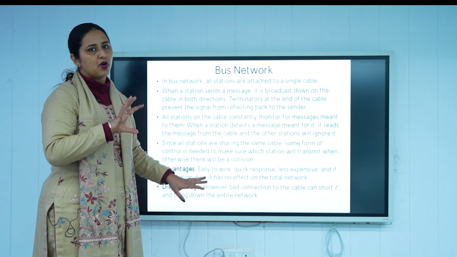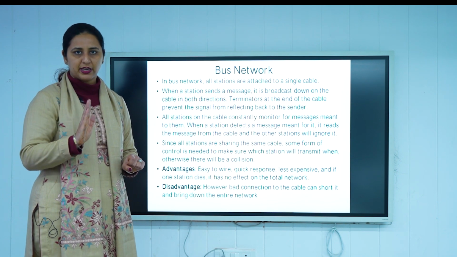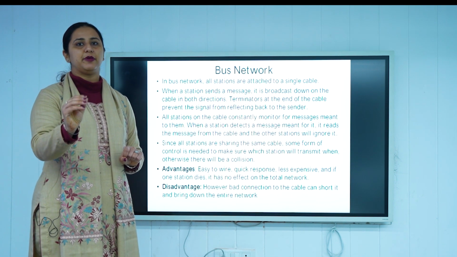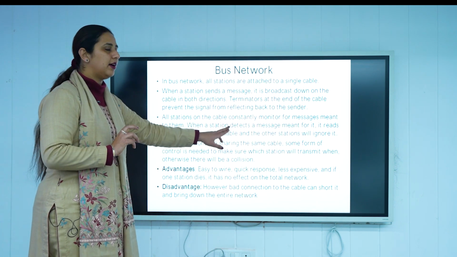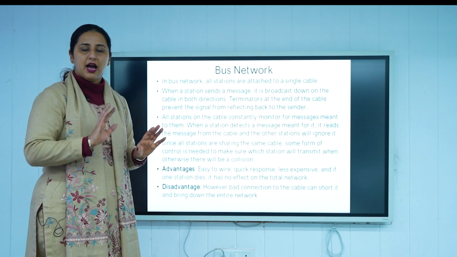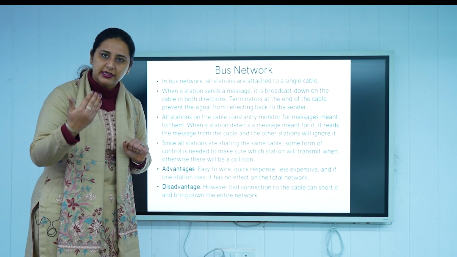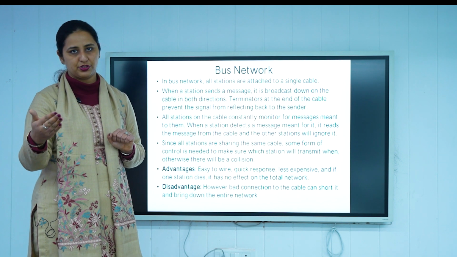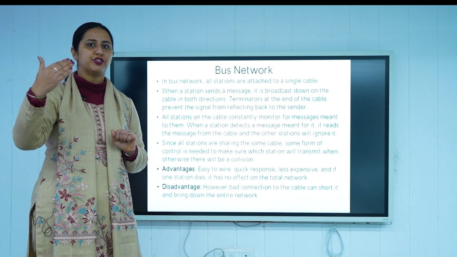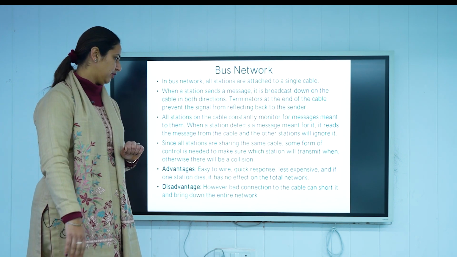All the stations will constantly monitor the information on the cable. Whichever information is required by the concerned node, that node will detect the message. The rest of the nodes will reject that message because it is not concerned with them. That is how information is passed through the bus topology.